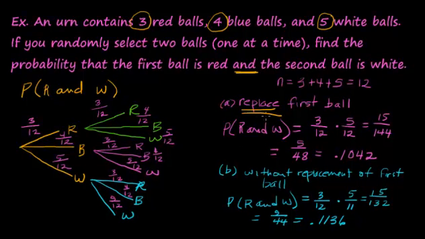Is it with replacement or without replacement? So we have to know that. Without replacement puts a condition, a new condition, on the procedure and makes a difference in how we calculate.